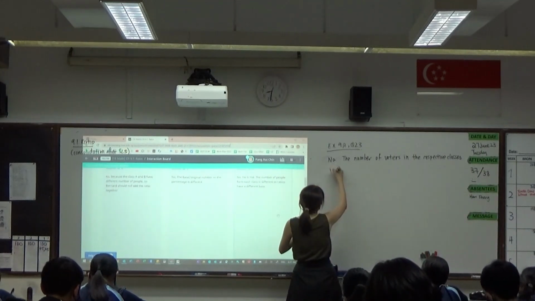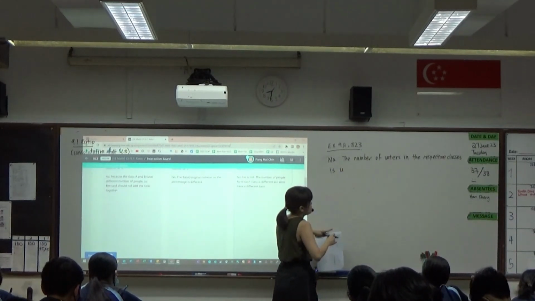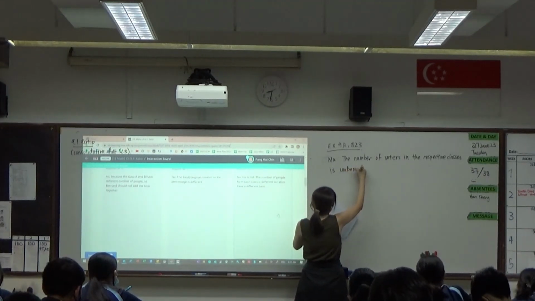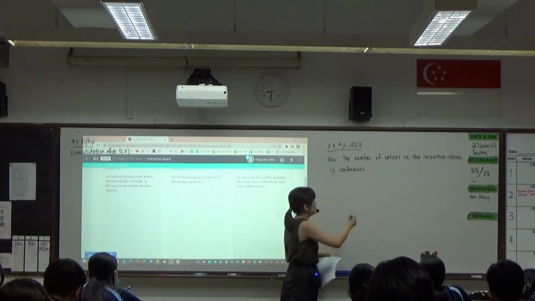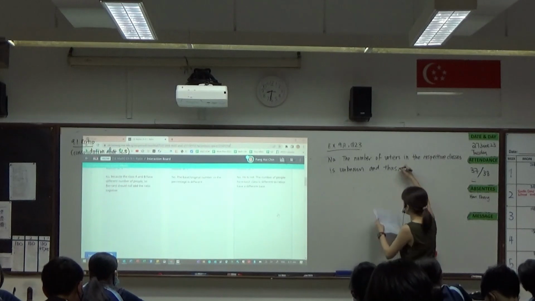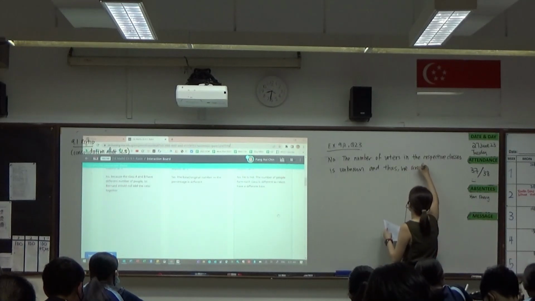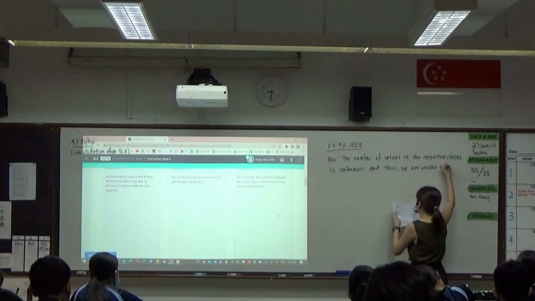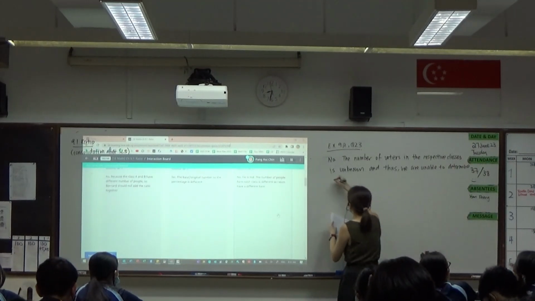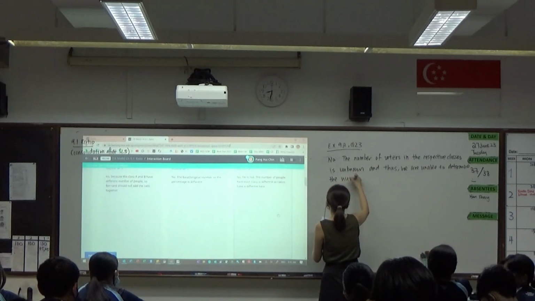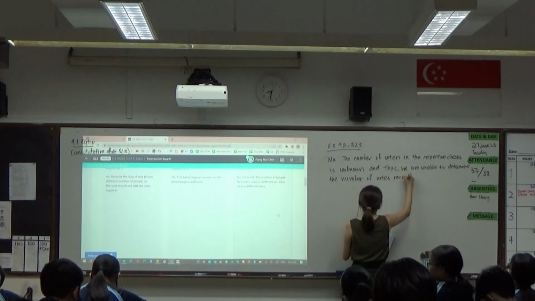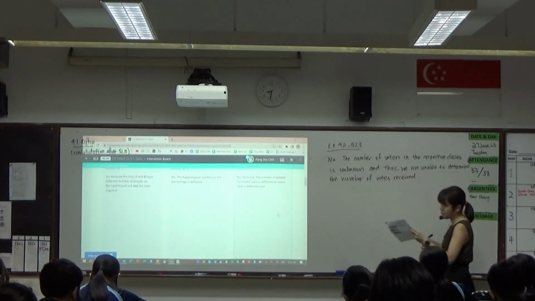And this base we're talking about, the number of voters in the respective classes, is actually unknown in the question. As a result of it being unknown, we are unable to determine the number of votes received.